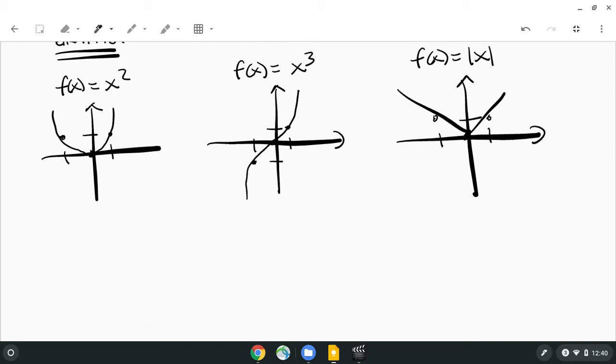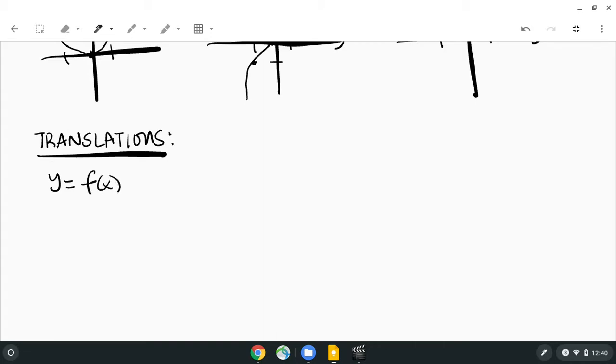Okay, so let's list all the different translations. If you have your function, pick any of those 3 functions, and if you add a number to it, then you're going to end up shifting upwards C units.